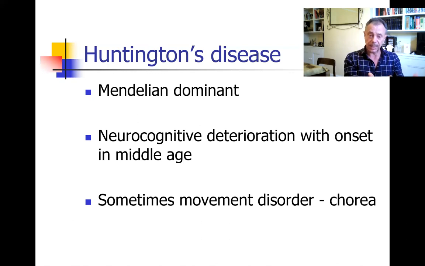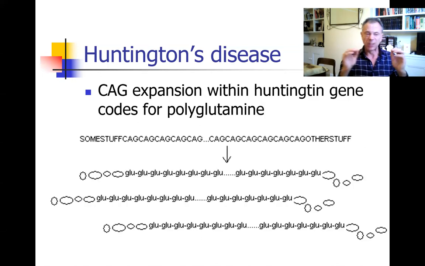Then you could look at genes in that area, and people did this and they found that in a gene there was a trinucleotide repeat expansion, and they named the gene Huntingtin. So again, we all have a certain number of CAG repeats in our Huntingtin gene, and what goes wrong in Huntington's disease is that one has too many repeats.